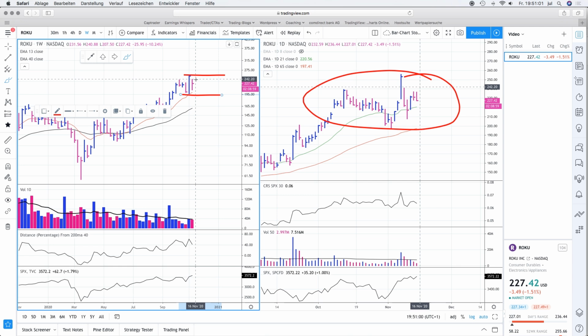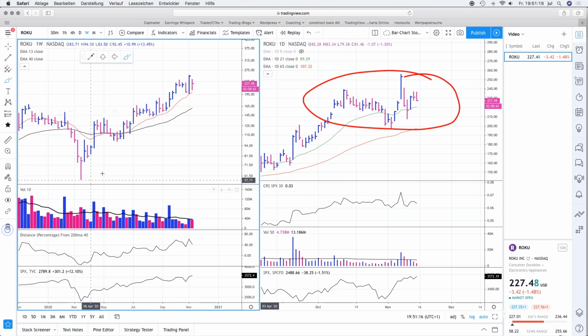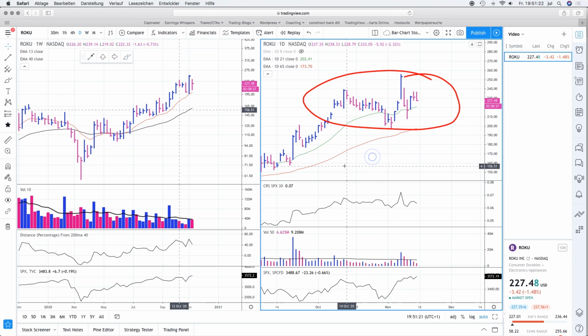So now you can see that it is the same. This is now the range, and the stock can go sideways here for another few weeks before it's breaking out. And that gives me the opportunity to add to my position when it's breaking out, or to sell the position when it's going down. So weekly charts are always much more important for me than daily charts.